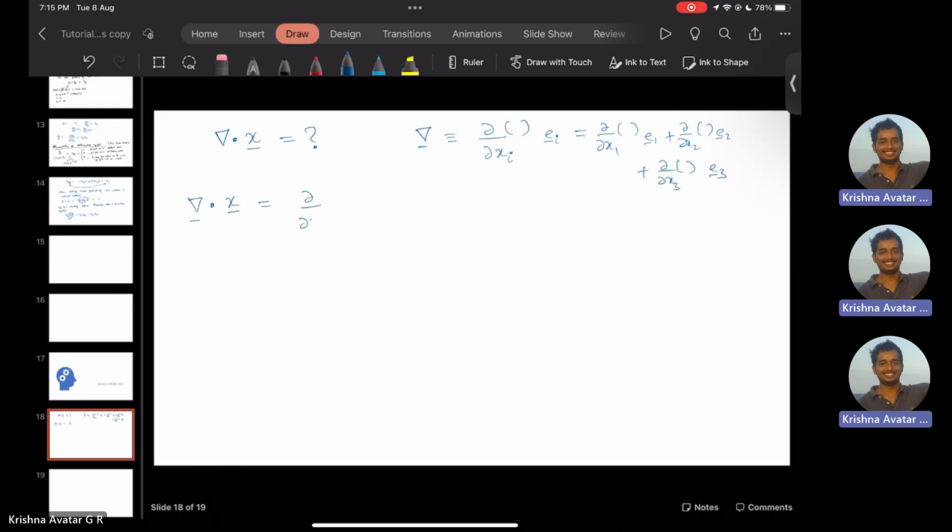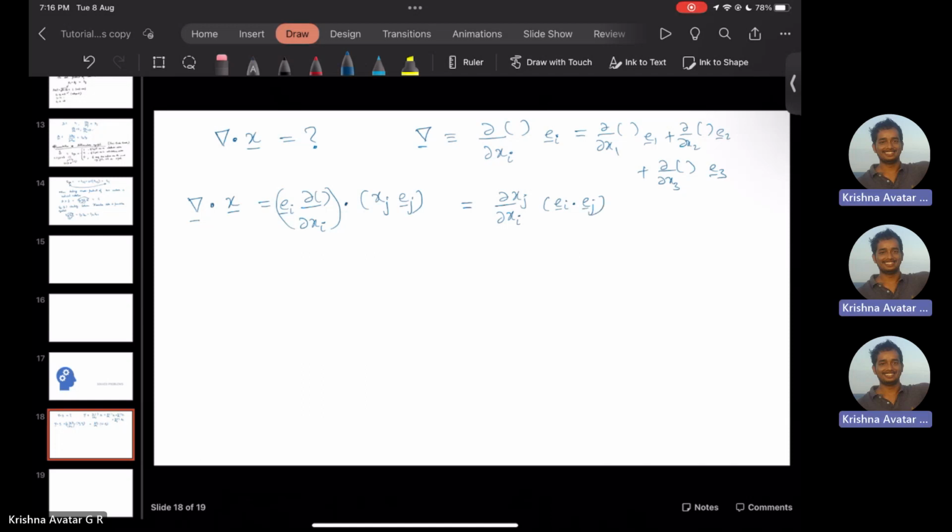So let's call this partial by partial xi, and I'll write ei before here, and then this dot xj ej. Now partial xj by partial xi goes as an argument for this operator, and here we'll have ei dot ej.